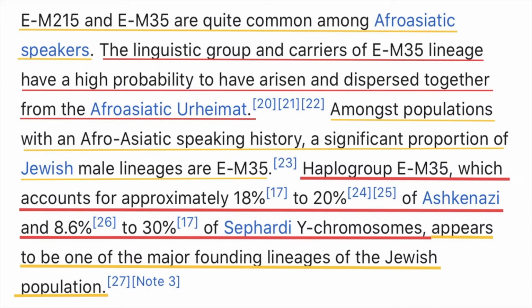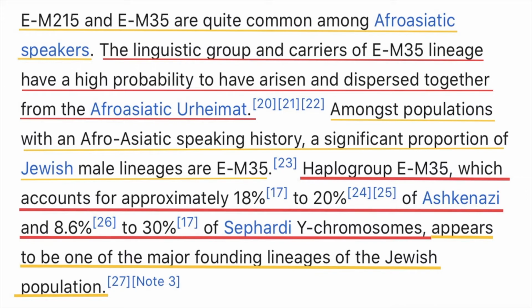Amongst populations with an Afroasiatic speaking history, a significant portion of Jewish male lineages are E-M35. Haplogroup E-M35, which accounts for approximately 18% to 20% of Ashkenazi and 8.6% to 30% of the Sephardi Y chromosomes, appears to be one of the major founding lineages of the Jewish population.